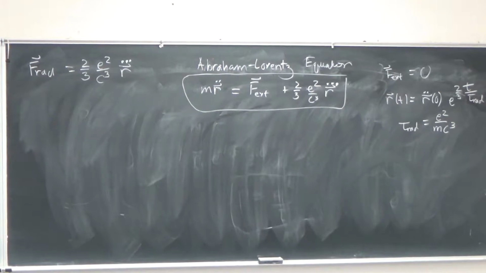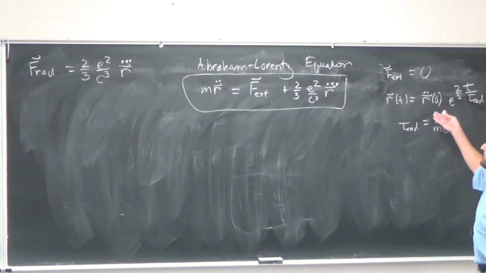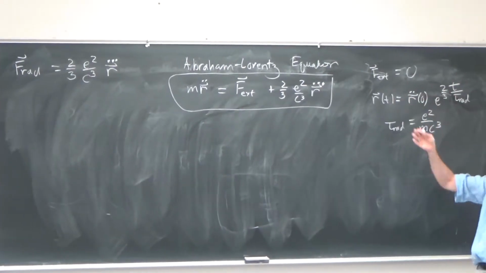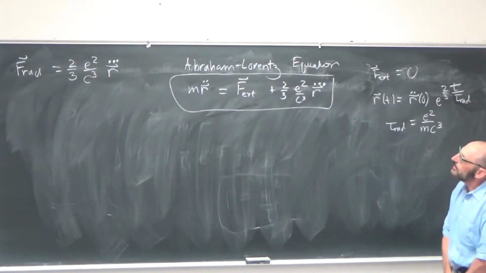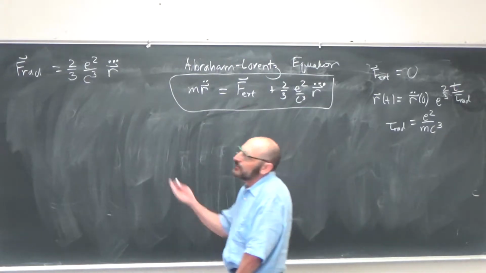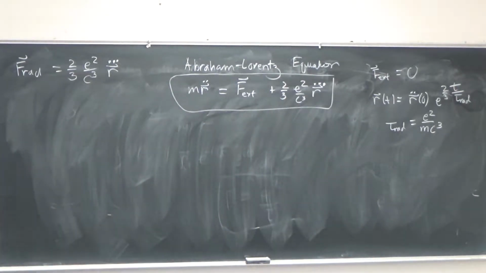Now that solution is acausal. It says that all of a sudden the system, even in the absence of force, is going to start exponentially accelerating in an acausal manner. So it's saying that there's something wrong in the classical physics that describes radiation reaction.